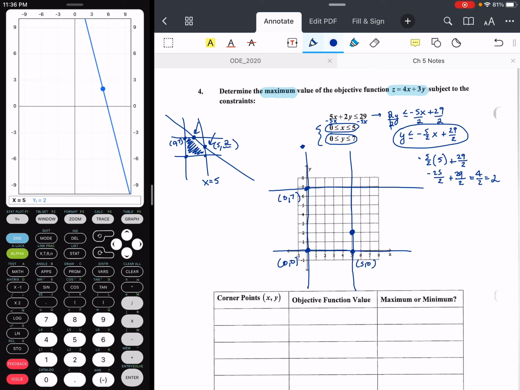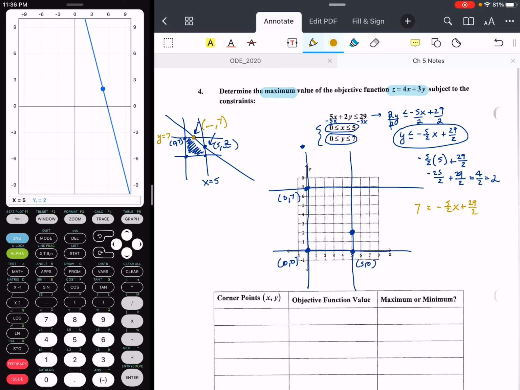All right, now this other point right here, what I do know about it is that the y value is going to be 7, right? So I don't know what the x value is, but I know the y value is going to be 7. So what if I take that inequality, set it up as an equation, and I have 7 equals negative 5 halves x plus 29 over 2.